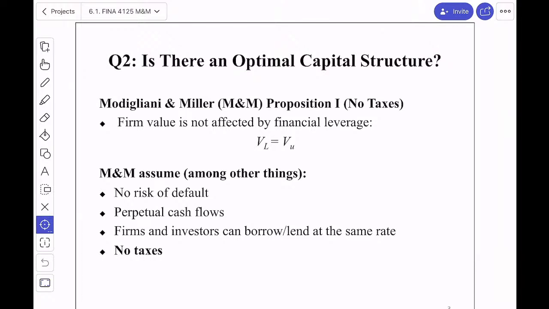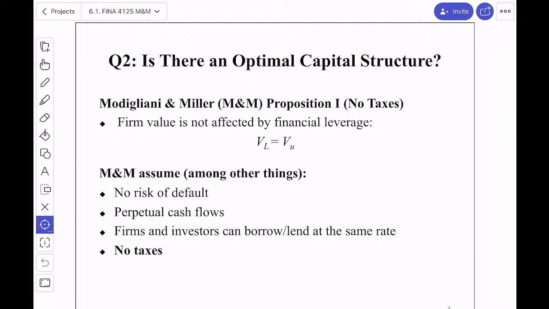Well, if there's no risk of default, so there's no risk that creditors won't get paid and turn around and sue for their claim on their interest payments, which creates problems for shareholders, because the perceived value of stock will drop in the markets.